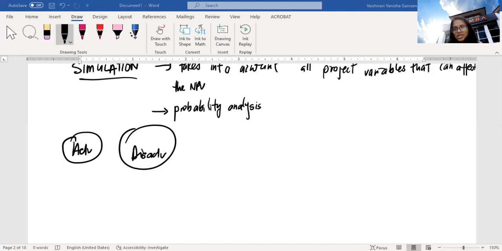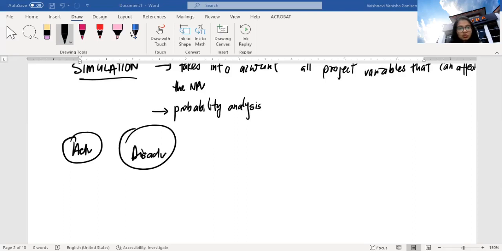Number two, the outcomes are easily understood. Why do I say that? This is because when you have calculated it, you will look at which variable will affect your NPV, and you use just a probability concept, so it's something that you already know.